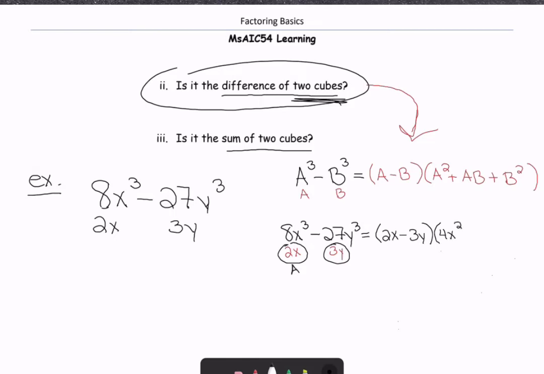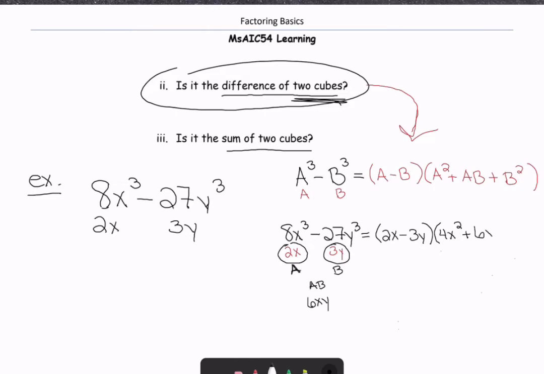Then it says do a plus sign. Then it says do a times b. So here's my a and then my b is over here. I've got to multiply those two things together. And when I multiply those together, a times b, I'm going to get 6xy, because you do 2 times 3, and then you put the x and the y together.